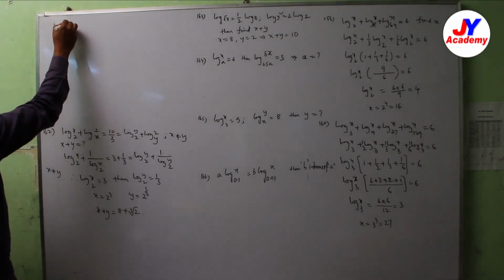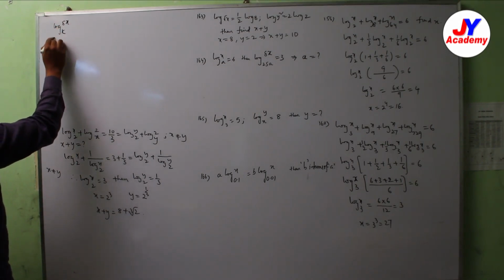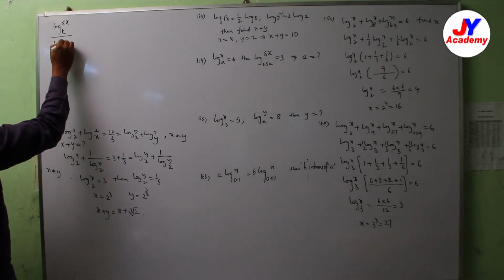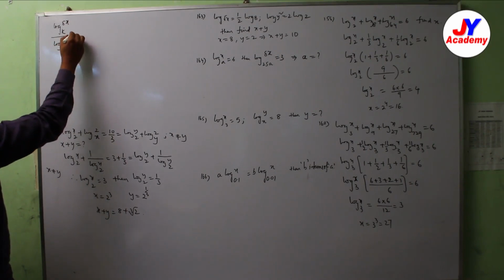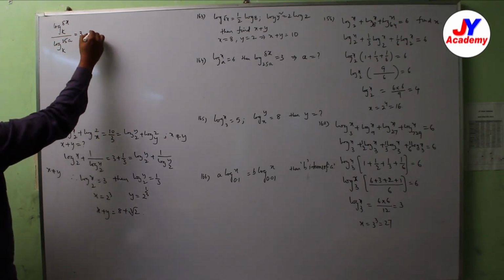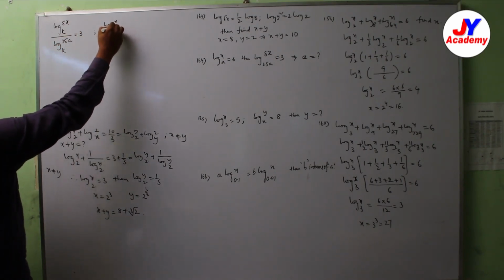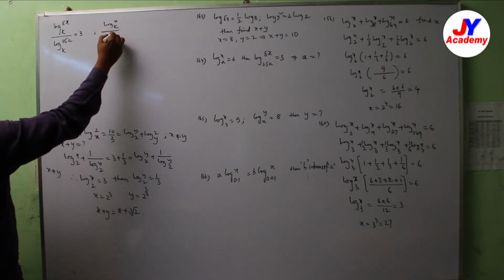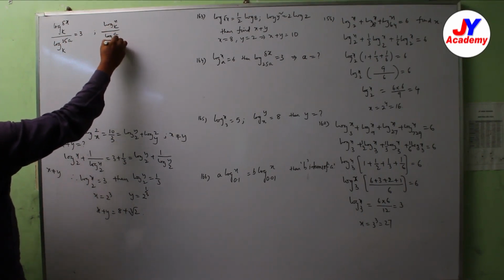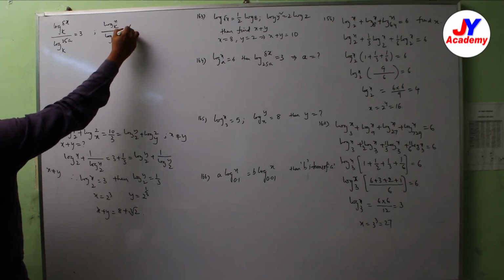So log 8x base k by log 25a base k is equal to 3, and log x base k by log a base k is equal to 6.